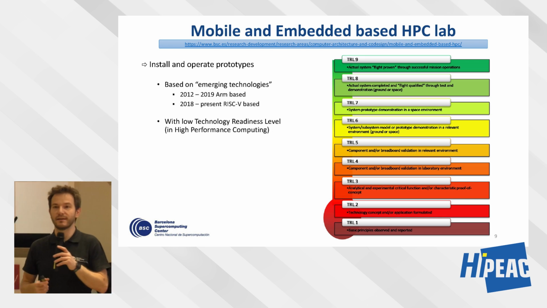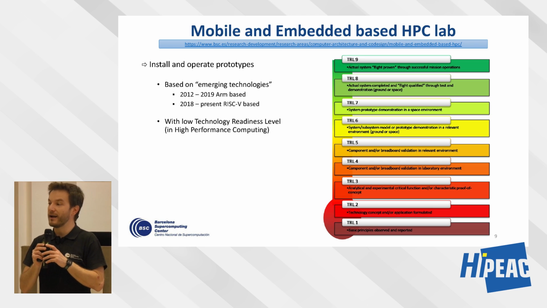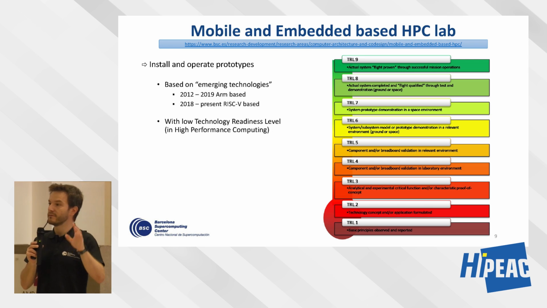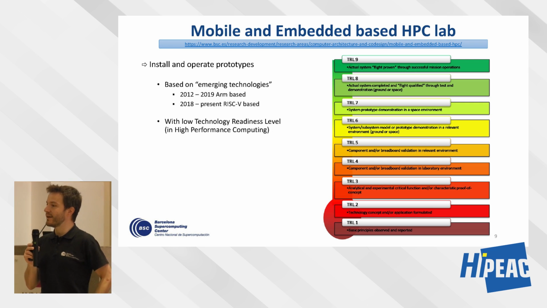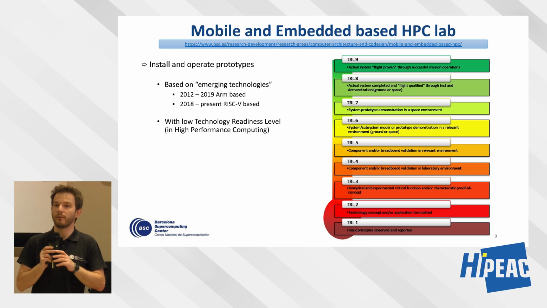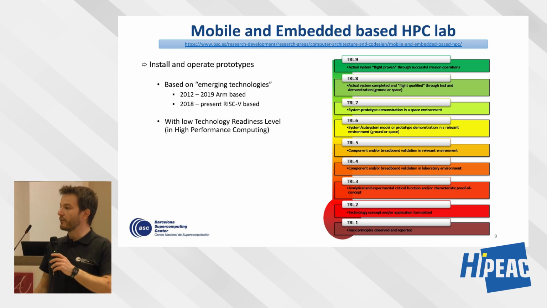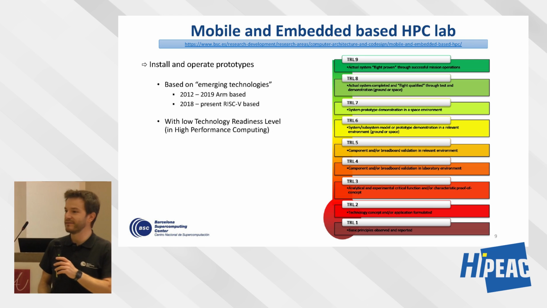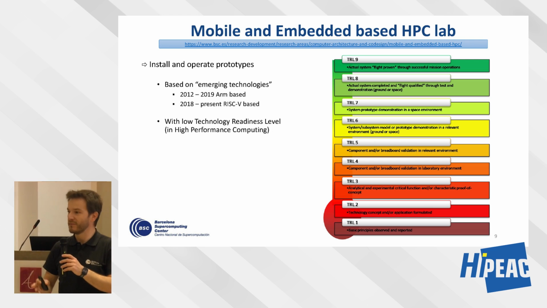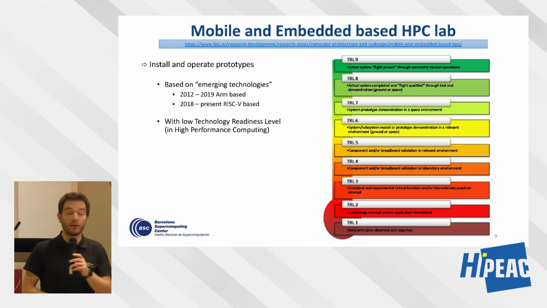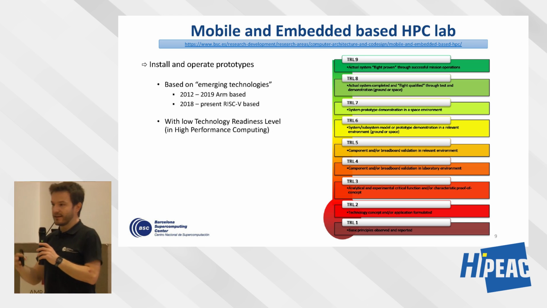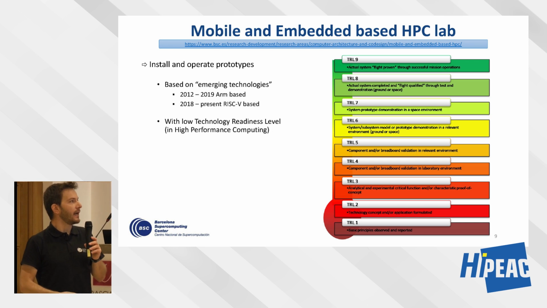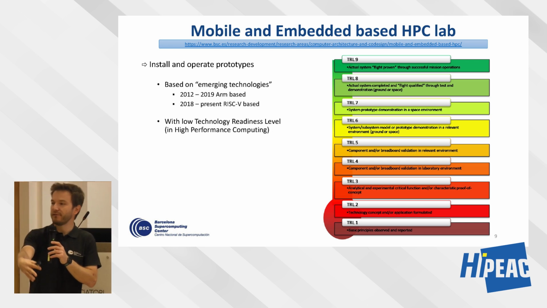We started this years ago with the ARM technology. ARM, how many of you know? Okay, ARM is basically everything that powers our mobiles, but also probably your washing machine, your smart bulb in the house, domotics, almost everything is ARM technology. So in the lab, we had these ARM systems, and now we are transitioning to RISC-V based systems.